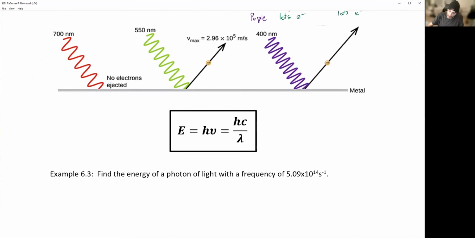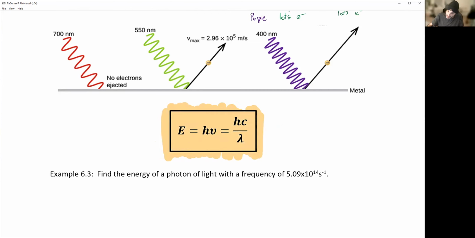So what this ultimately led to is, because energy is quantized, and because we know the energy of a wavelength, we can determine the energy of the photons coming out based on this equation. And of course, this is the important part: energy is equal to Planck's constant times frequency.